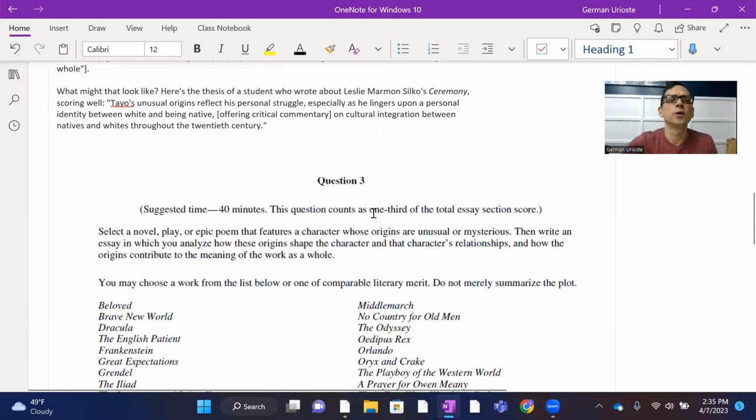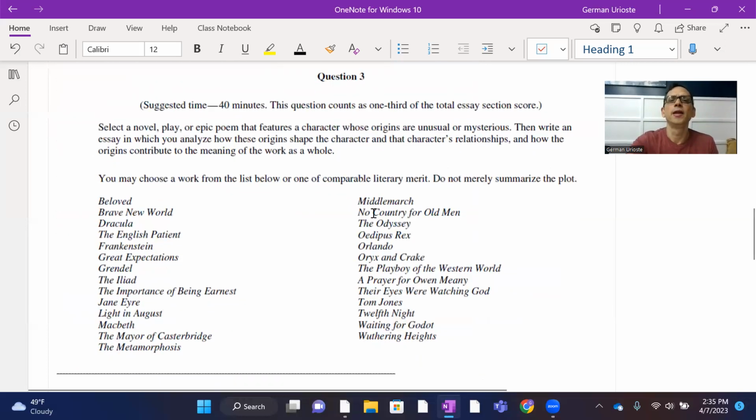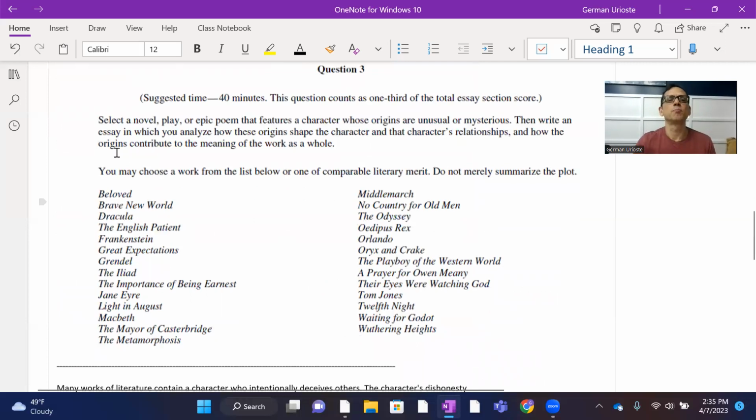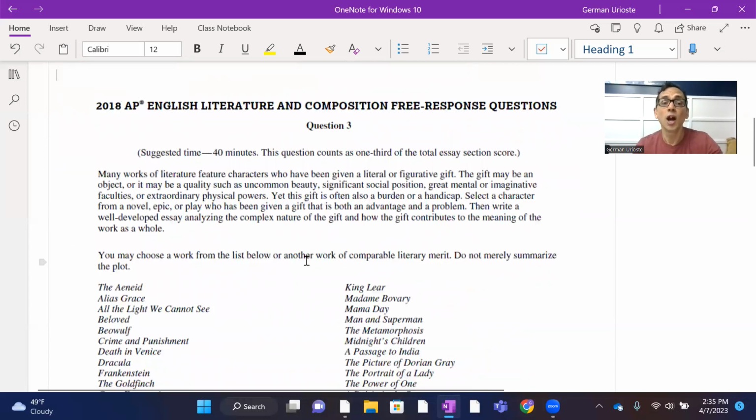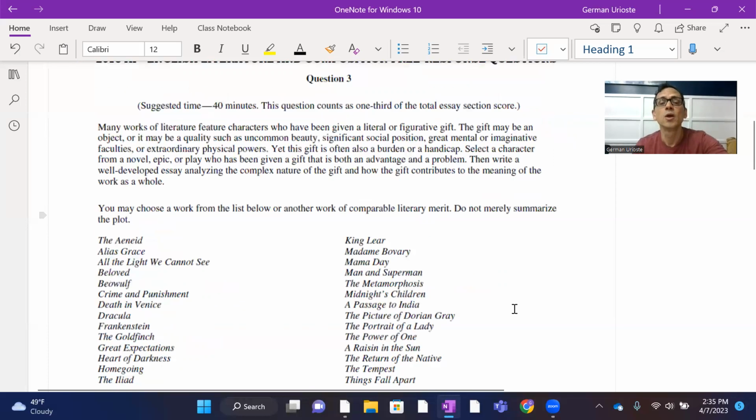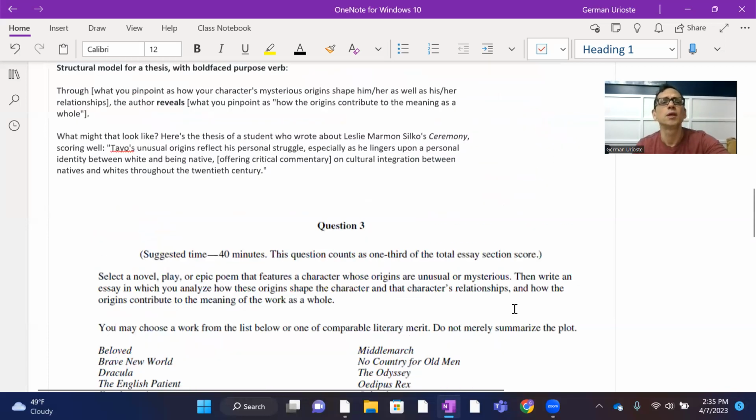Here is another one, right? And notice that's what it's going to look like. There's a prompt. It's always going to say you can choose a work from the list below, or one of comparable literary merit. It's always going to say that, one of comparable literary merit. The last prompt said another work of comparable literary merit. What does comparable literary merit mean, right?